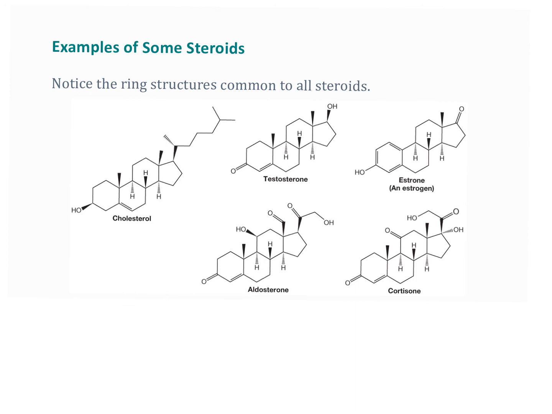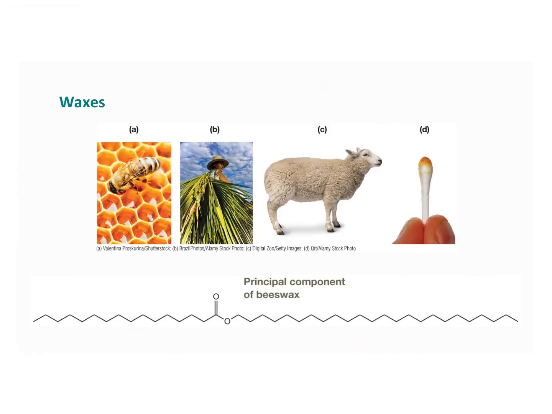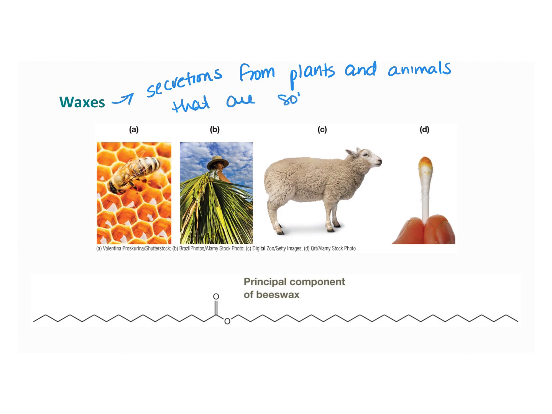Now, the very last lipid that we're going to talk about is waxes. Here are some examples of waxes. Waxes are just secretions from plants and animals that are solid at room temperature.